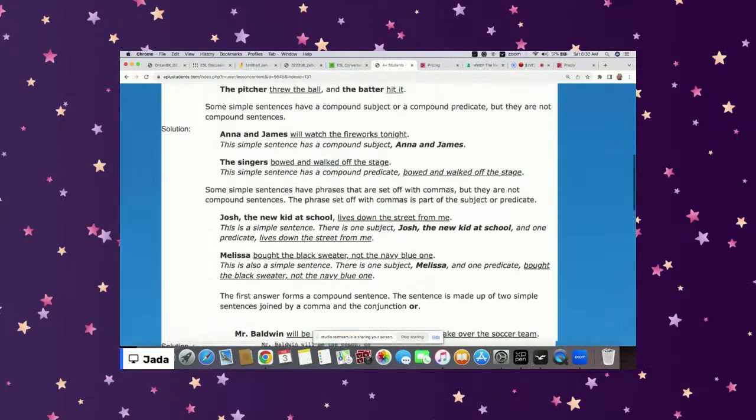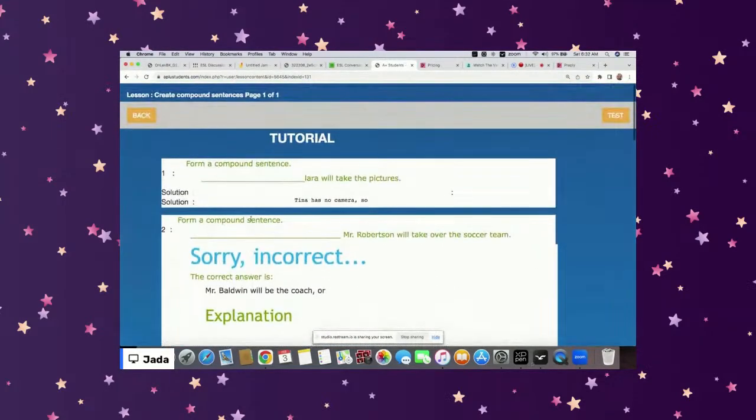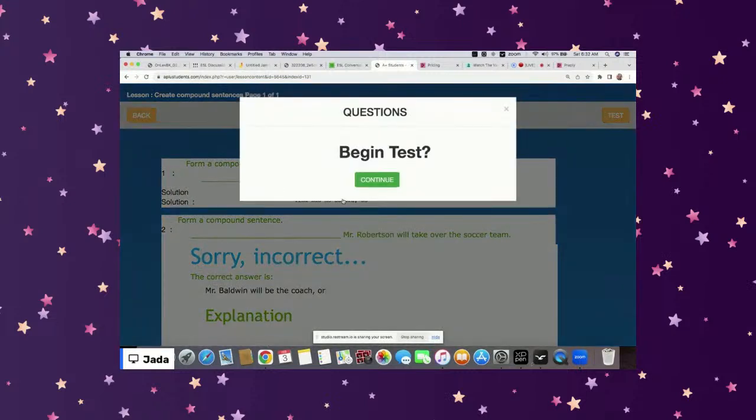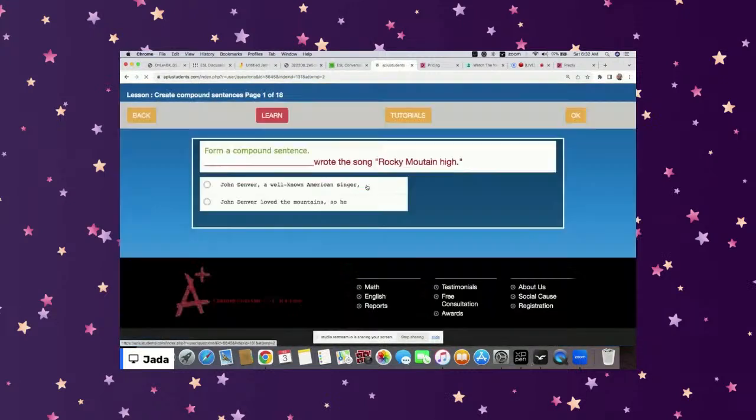So now we will move over to the test. Send in your answers, everyone. Let's participate so that we can finish. All right, it says form a compound sentence. Dash wrote the song Rocky Mountain High. So is it John Denver, a well-known American singer, or John Denver loved the mountains, so he wrote the Rocky Mountain High?